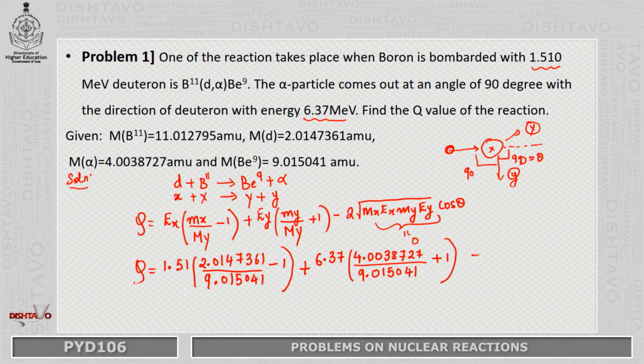If we evaluate these numerically, it is going to be 8.0266 mega electron volts. So this is the answer. This is the Q value of this reaction.